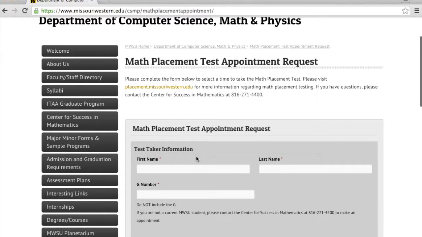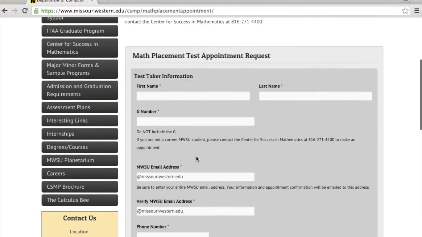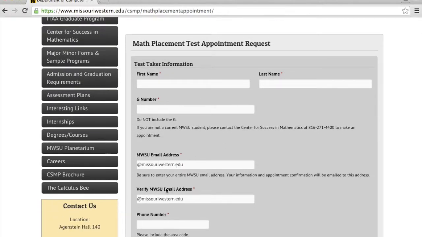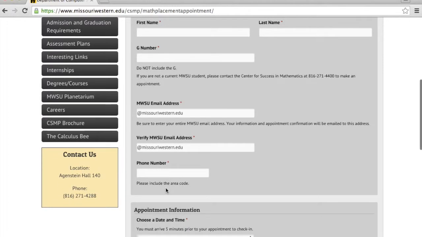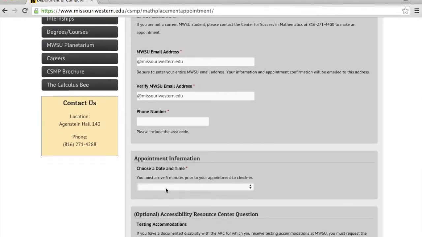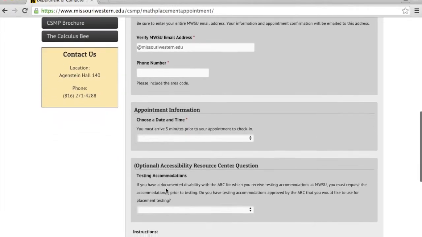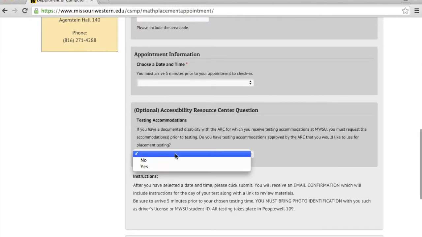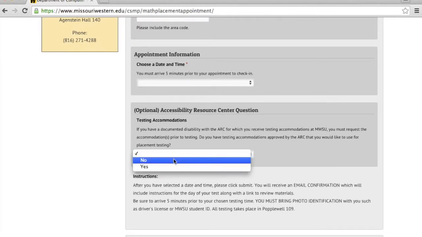After that, you'll be asked to supply your name, your G number, and your Missouri Western email address, along with a phone number. Select the time and date, and then indicate whether or not you're going to need some accessibility options.